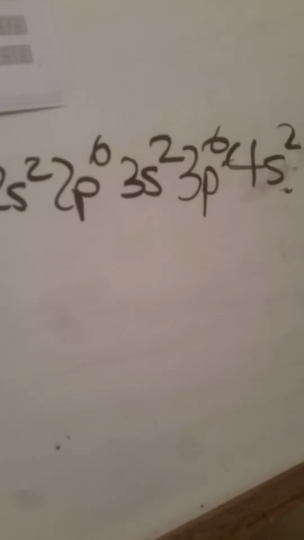I'm too tired to make a video, I'm sorry, so I'll read literally off my paper, and I hope it's what the board says. 1s2, 2s2, 2p6, 3s2, 3p6, 4s2, 3d2. So what is on the board now, I hope you can see, is correct.